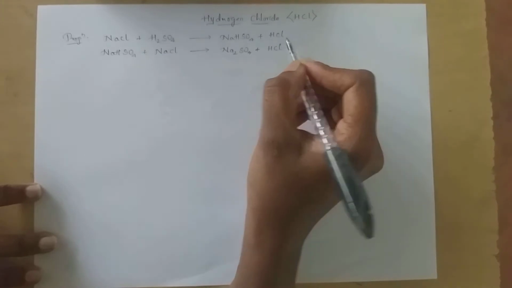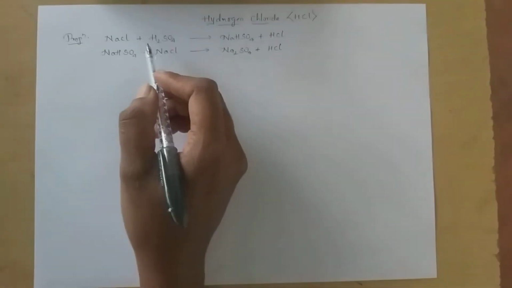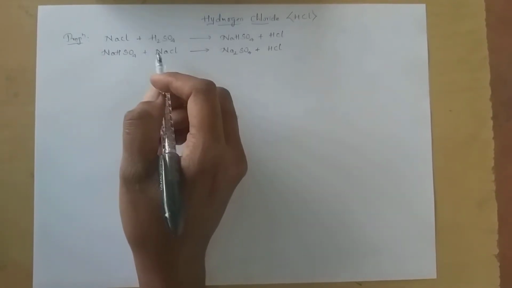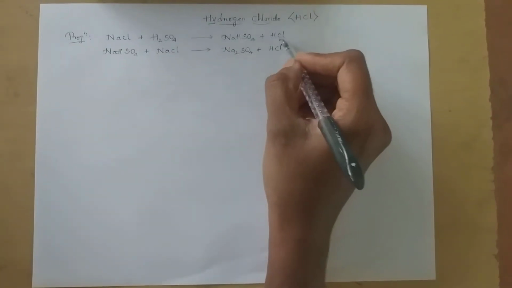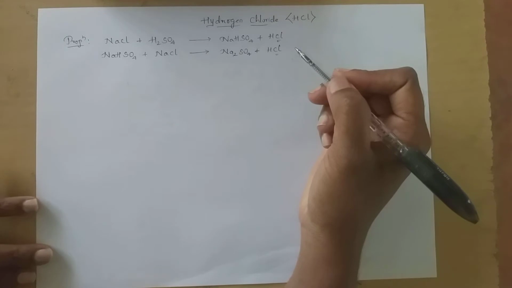So from NaCl with concentrated H2SO4 and NaHSO4 with NaCl, we are going to get HCl as a byproduct. So this is the simplest laboratory method of preparing HCl.